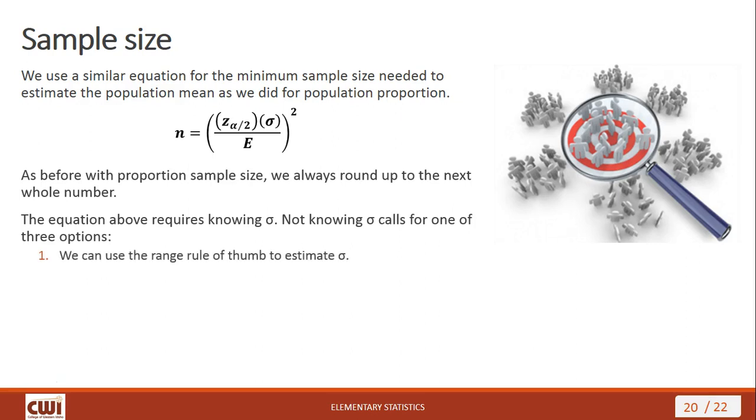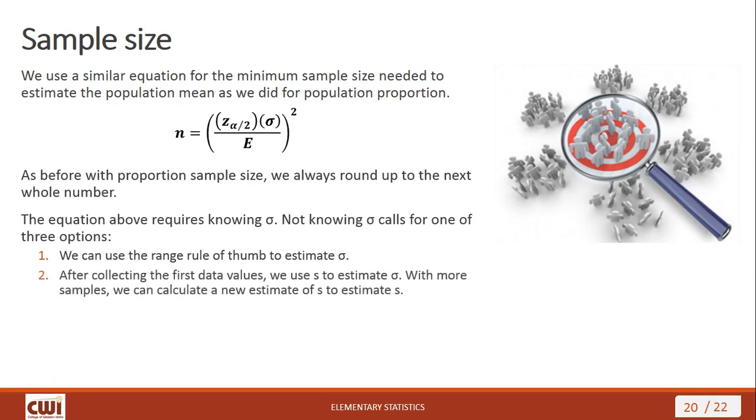The first option we have is to use the range rule of thumb to estimate the value of sigma. The second option is to collect the first set of data values and then use the sample standard deviation as an estimate for the population standard deviation.